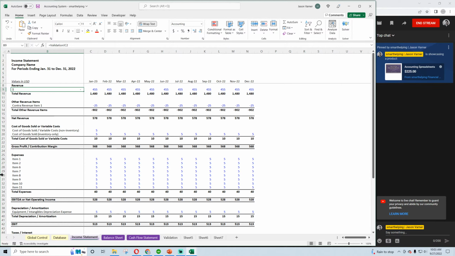Now, if you're not selling things on account, customers just pay you, you collect the money, and you give them the product, and they don't have an account, then that's fine.